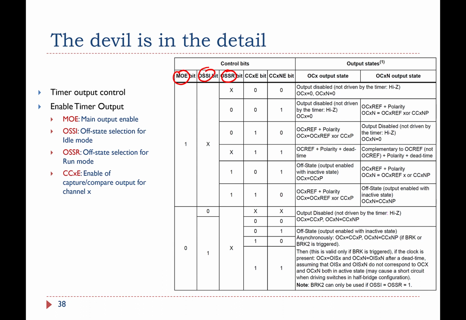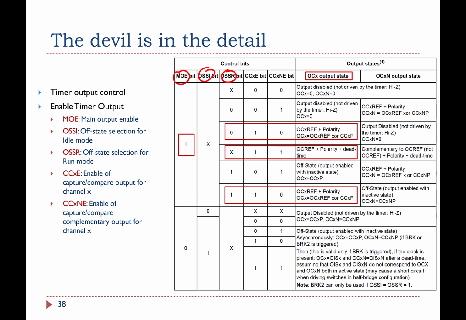And it talks a little bit about that within this table right here. And so clearly you can see the output compare output state for the normal state, as well as the negated state.